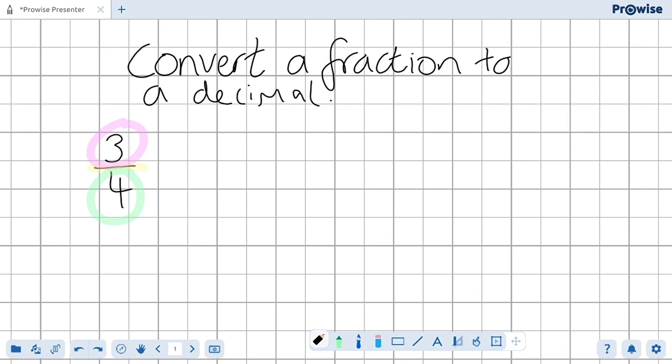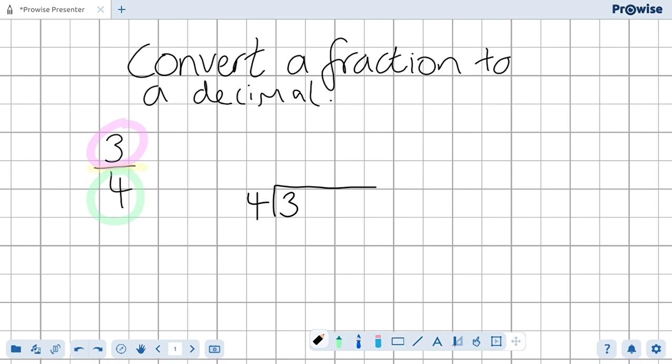So what we're actually saying is that we're going to take 3, that's our numerator, and we are going to divide that by 4. Now when you look at that, initially it doesn't look right, because already you can see that our divisor, the 4, is bigger than 3.